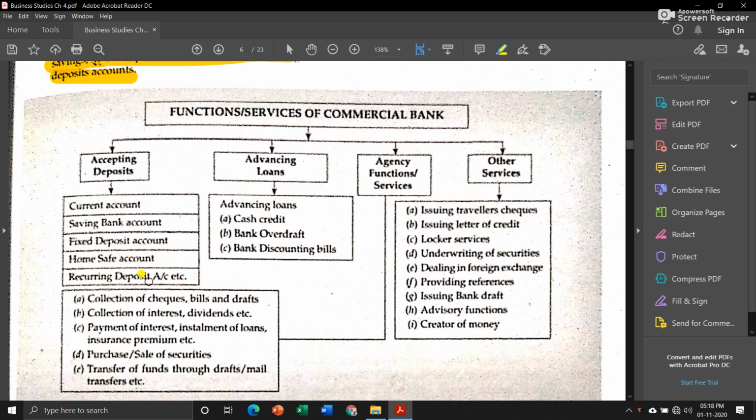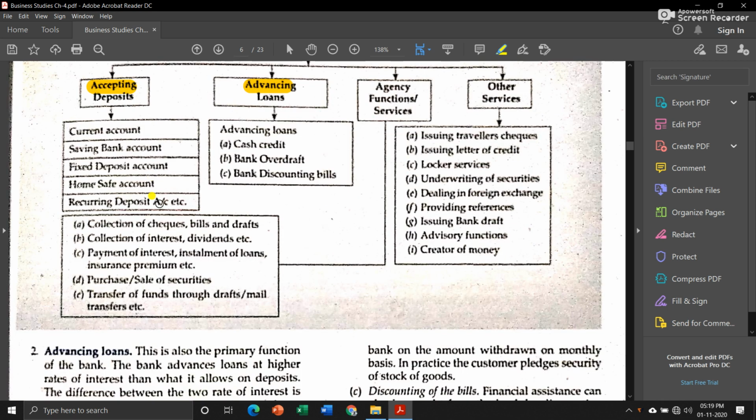When we talk about functions of commercial banks, they are divided into 4 main parts. First is accepting deposits, second is advancing loans, third is agency functions or services, and there are other services as well. Banks accept deposits through current account, savings account, FD, home safe account and recurring deposit account.